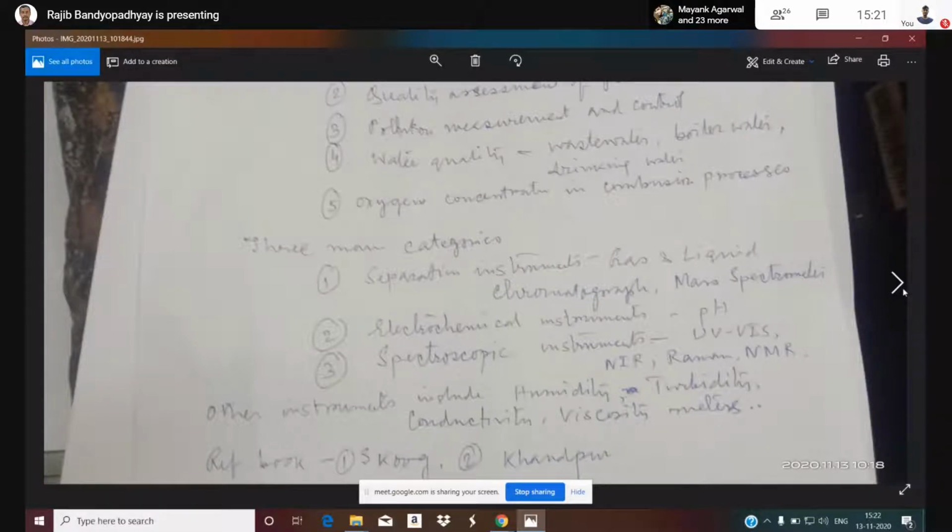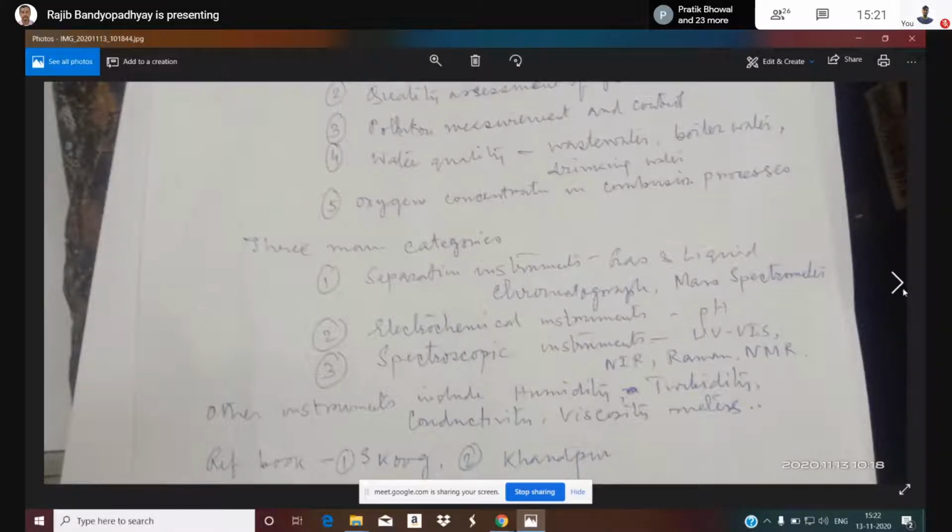Another very useful instrument is the mass spectrometer. The mass spectrometer is also based on the principle of separation, and there the different components are separated based on their mass-to-charge ratio. They are charged with the help of electrons, and then the components are separated.